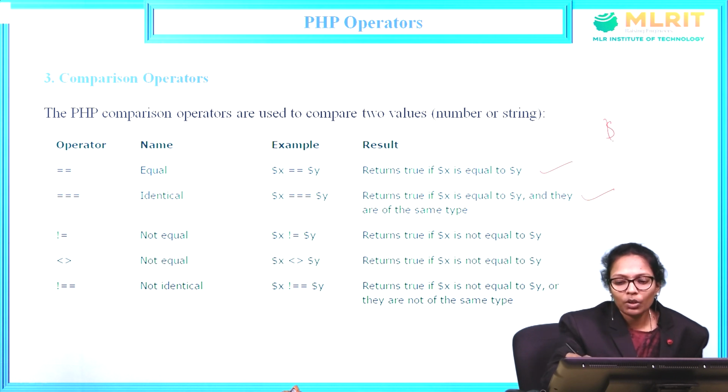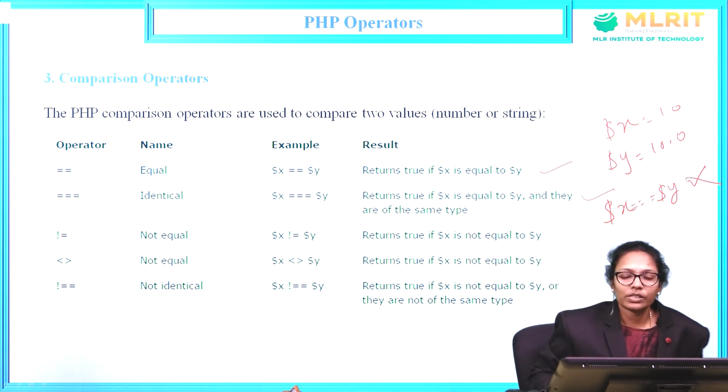For example, $x is 10 and $y is 10.0. If I check $x double equals $y, yes, I will get true. But if I give triple equals, it is false. Why? Because the first one is an integer, the second one is fractional. Even though the value is the same, the data type is different. So in that case, triple equals will give a different result.